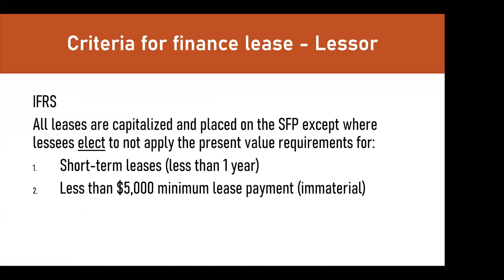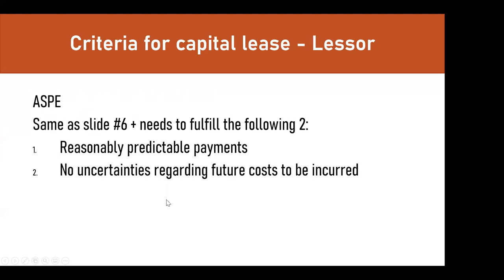For the lessor, for IFRS, it's the exact same criteria as what we saw earlier for the lessee: short-term leases and less than 5,000 minimum lease payment. And for ASPE, it's the same as the lessee, plus they need to fulfill the two following criteria to classify it as a capital lease.